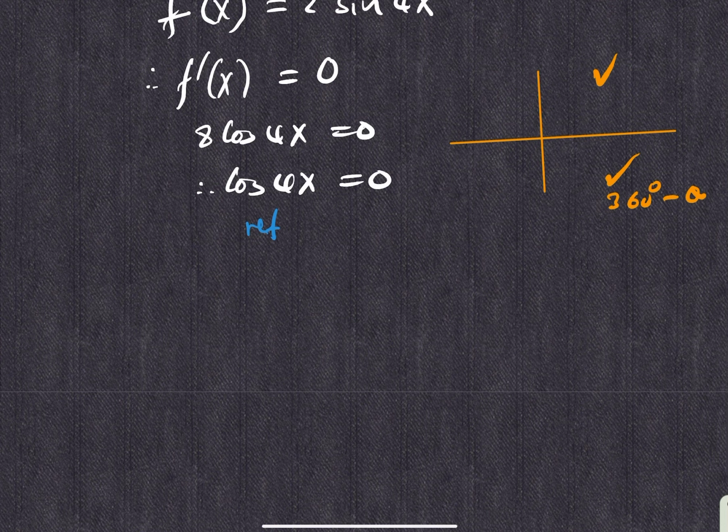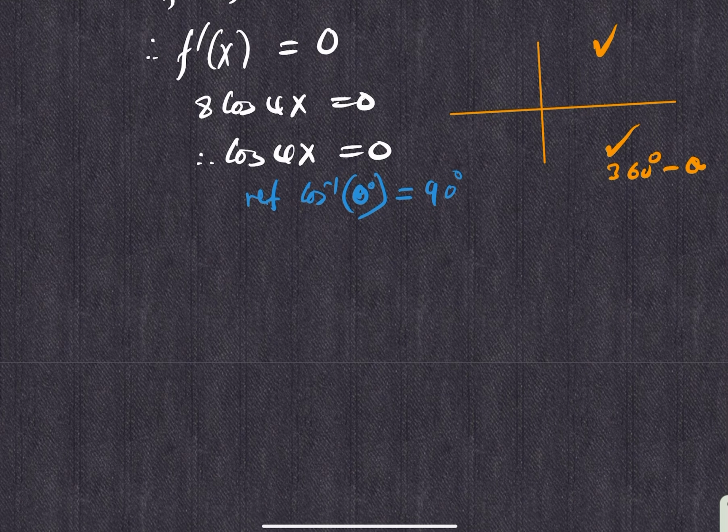The reference angle is going to be arc cos of 0, which is really going to give you what now? I think it's 90, you know. That's where the graph really passes through. So we get a 0 there.